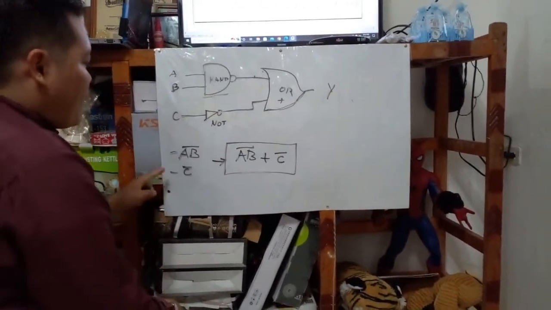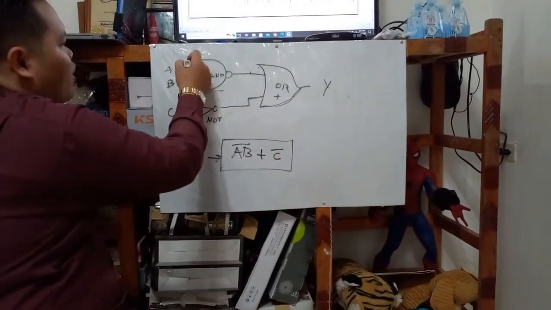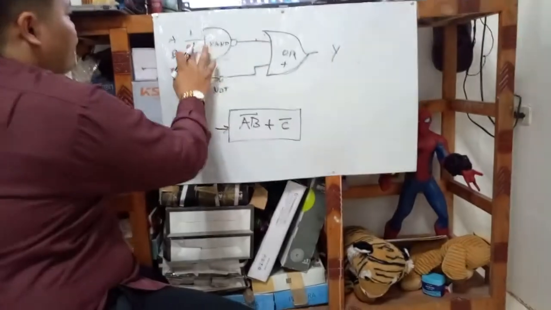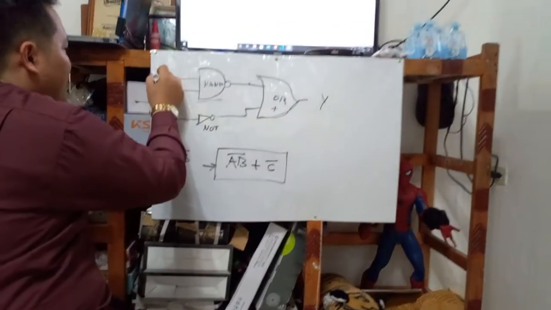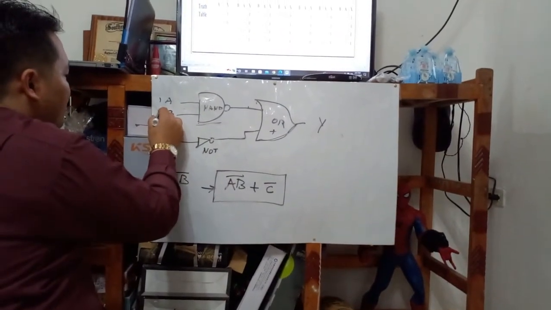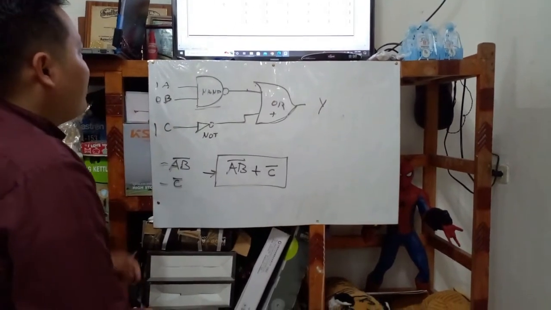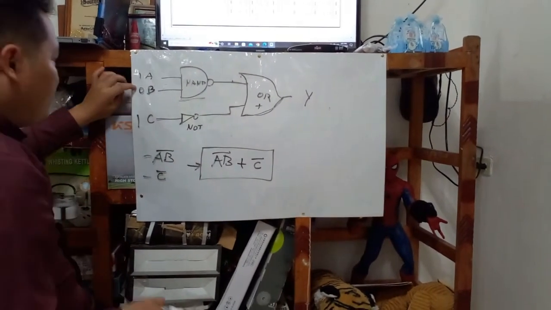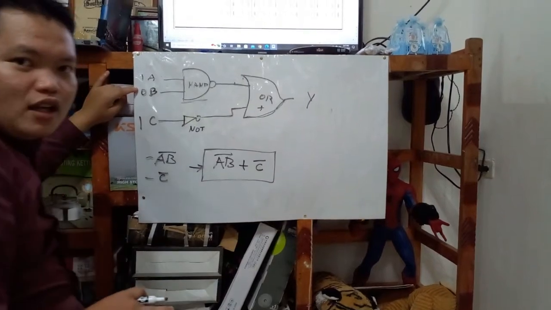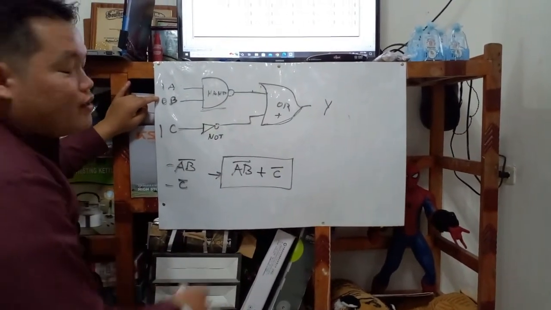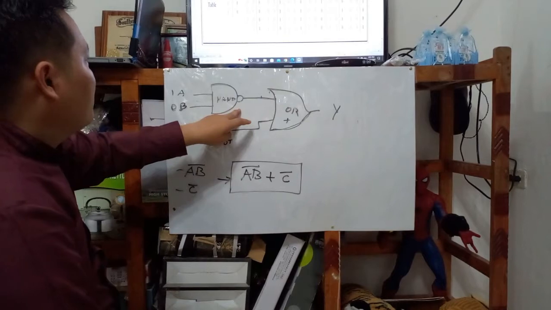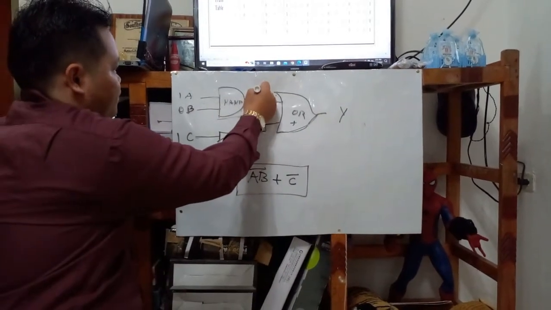So for example, we input 1 and 0. Say your given A is 1, B is 0, and C is 1. So understand that if your statement is not the same, meaning one is true and one is false, your answer will be true.